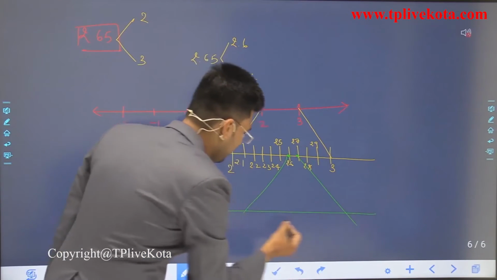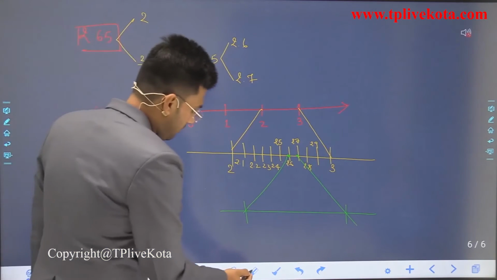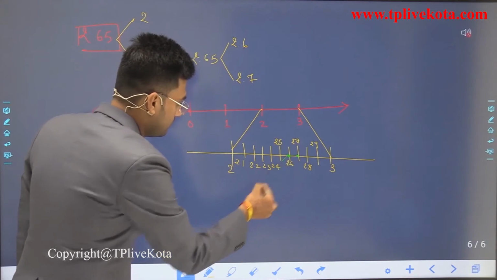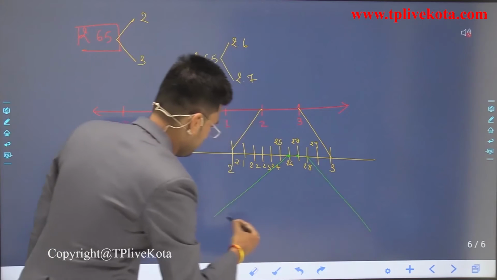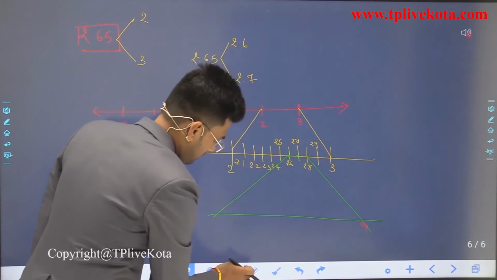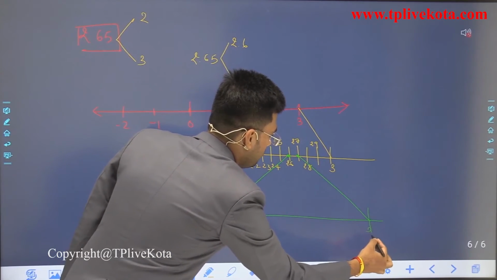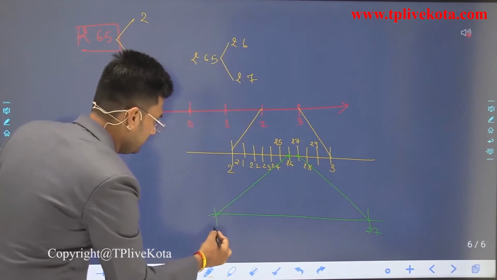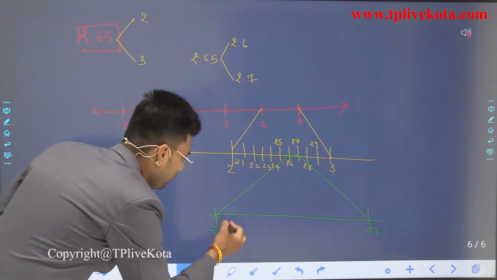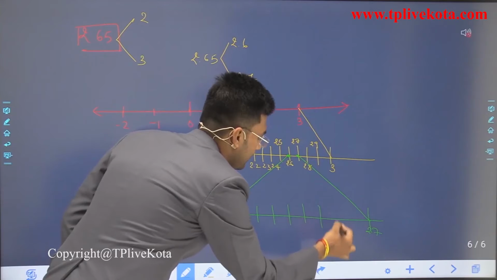Let's divide it into 10 equal parts. 1, 2, 3, 4, 5, 6, 7, 8, 9 and 10.